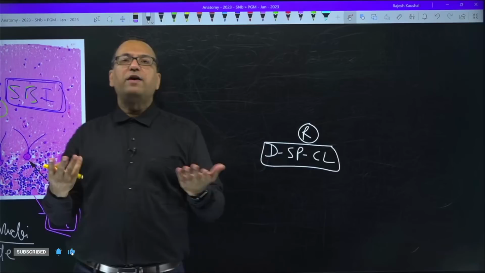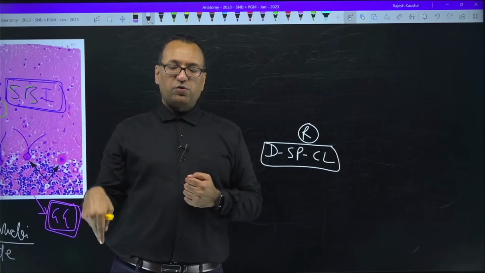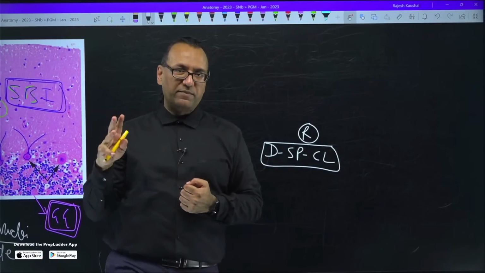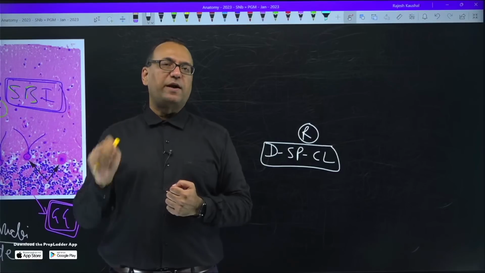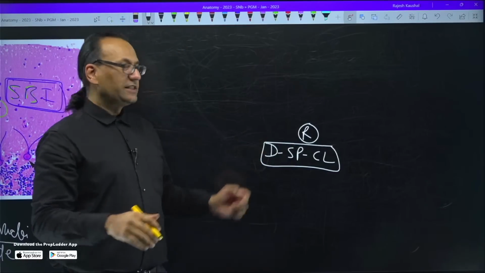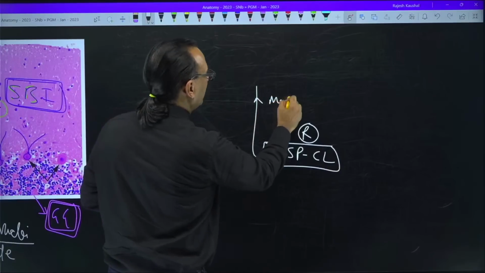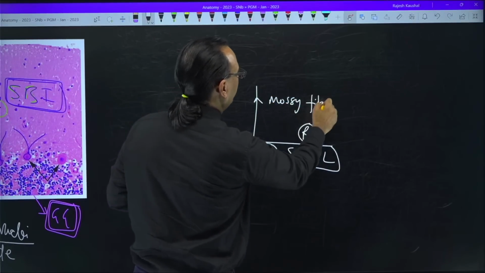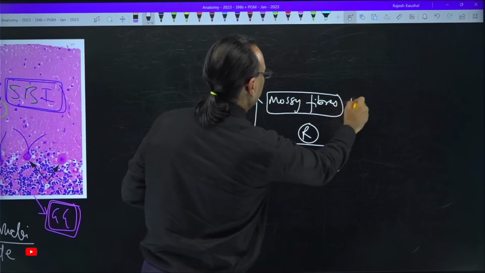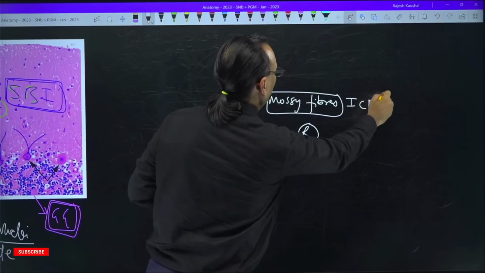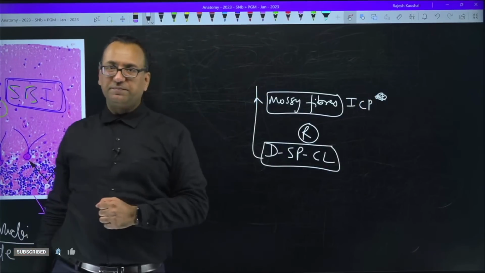Because I am moving my right lower limb, there is a change of position of right lower limb, and the right-sided dorsal spinocerebellar tract is carrying the information. That information is mossy fibers, and these mossy fibers use inferior cerebellar peduncle to enter the cerebellum.